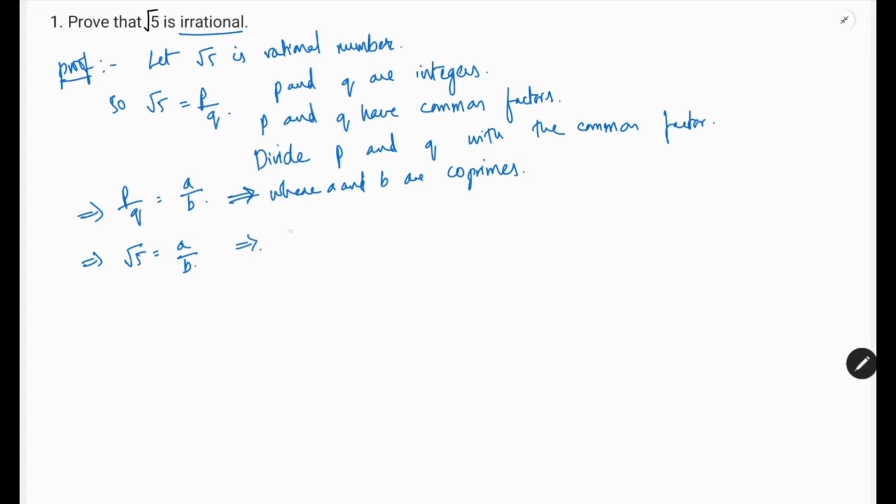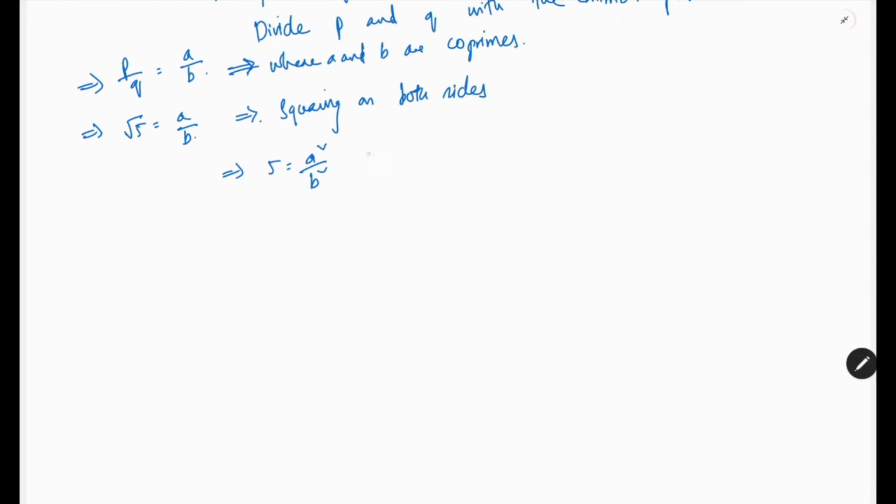Squaring on both sides, you get 5 is equal to a square by b square. So a square is equal to 5b square. This equation tells us that 5 divides a square.